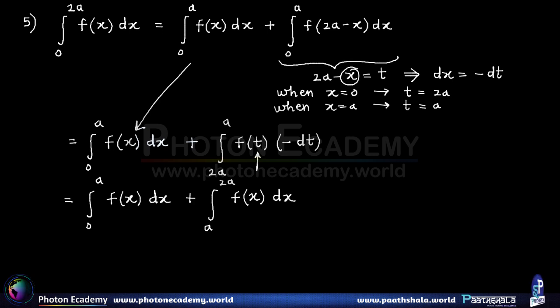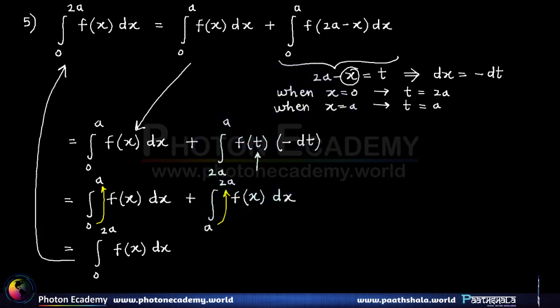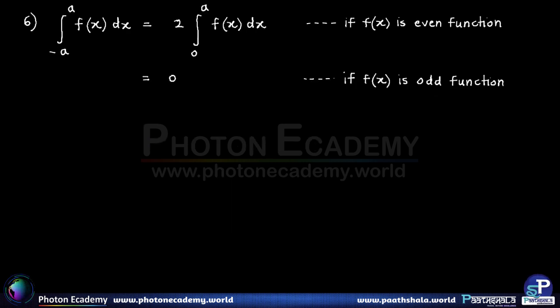So we get f of x dx. And now if you observe, the first limit is from 0 to a and the second limit is from a to 2a. So using the property that we have already seen, we can merge this into a single limit from 0 to 2a of f of x dx, which is nothing but the left hand side. So in this way we have proven this property. Now let's go ahead to the last property that we need to study for the definite integrals.